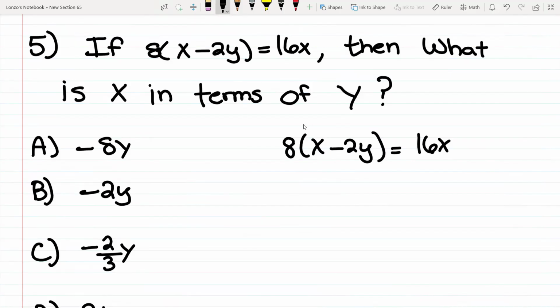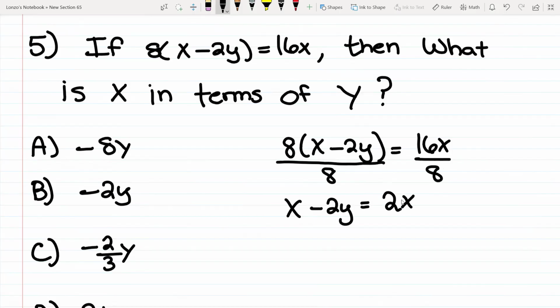I'm going to get rid of the 8. I'm not going to FOIL it out. I'm just going to get rid of it by dividing both sides by 8. So I get x minus 2y equals 16x over 8, which is 2x. Then we want to solve for x. We have 1x here and 2x there, so let's get 1x on one side. I'm going to subtract 1x, so you get negative 2y equals 2x minus 1x, which is x.